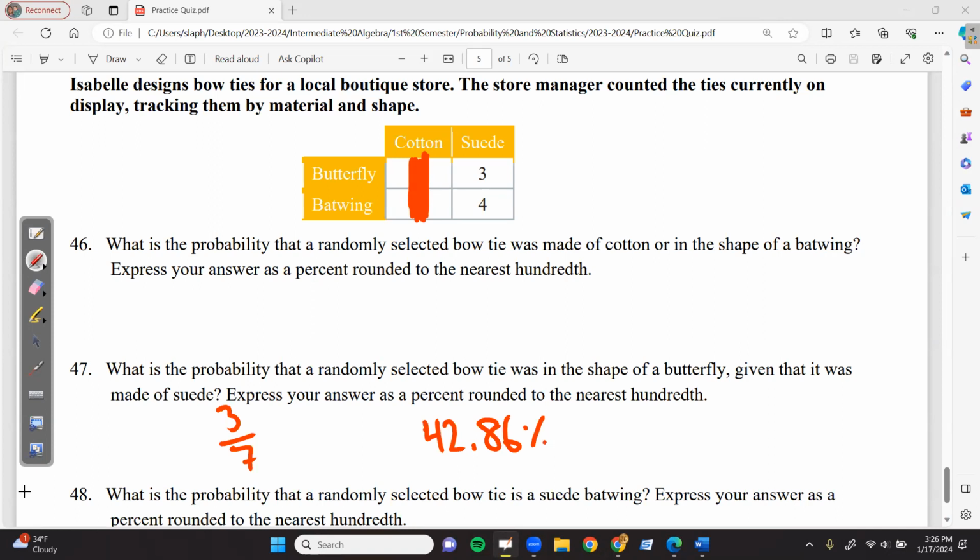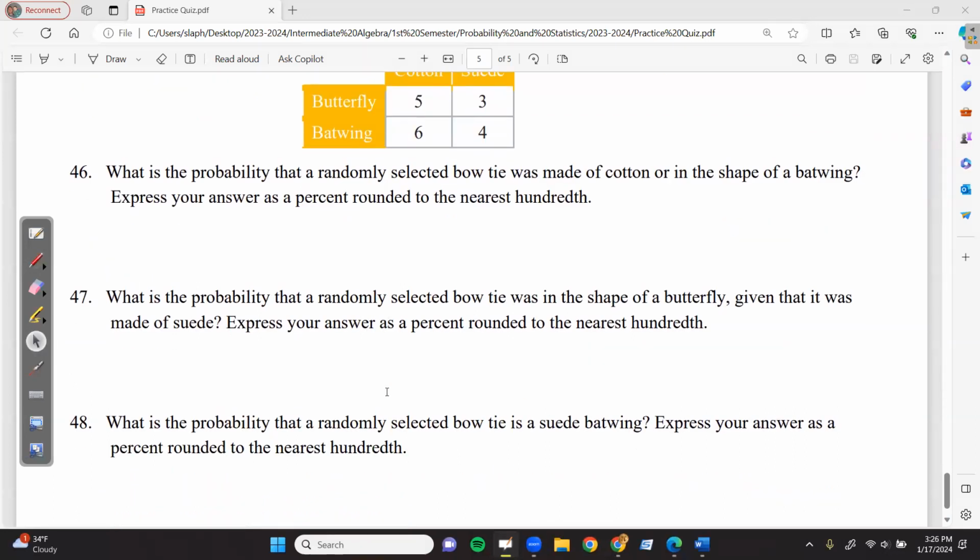And lastly, question 48. This is going to be obviously an and because it's the one I haven't used yet. So this right here, what I'm going to circle is an implication of and. Like if it says it's a suede batwing, it of course has to be suede and a batwing. So I just simply look for the intersection of suede and batwing. It's not very hard to find.